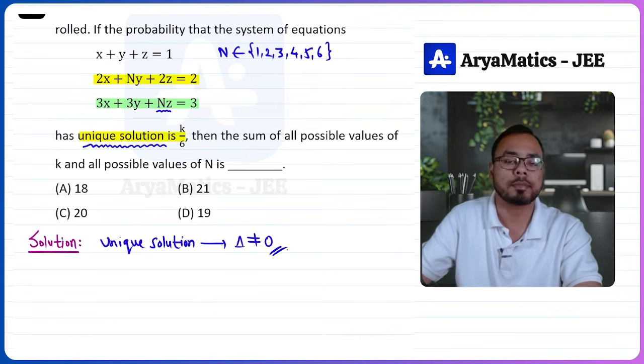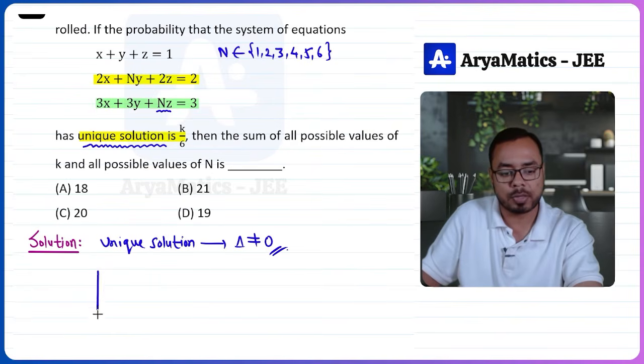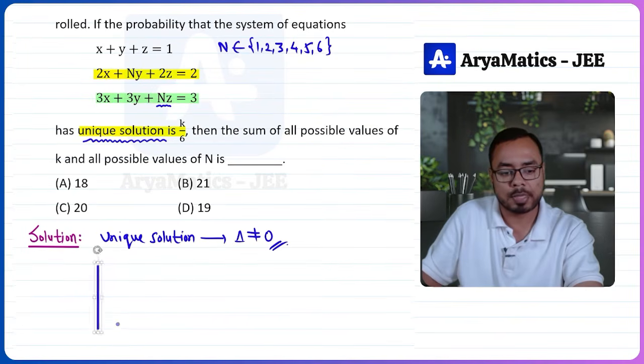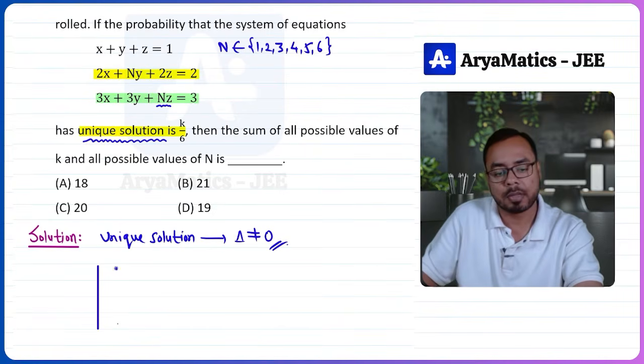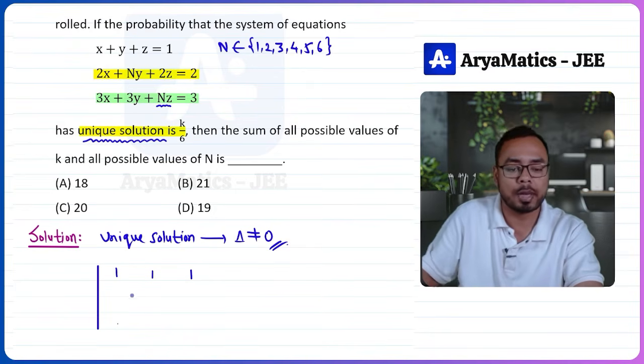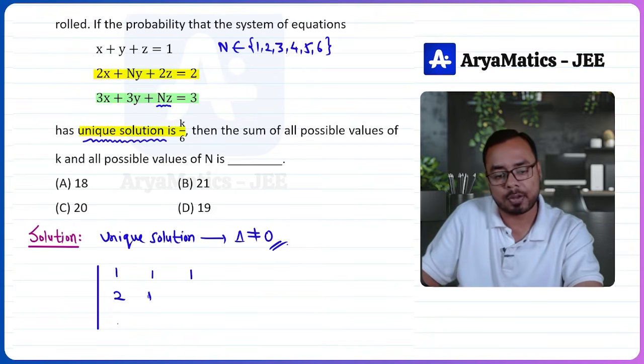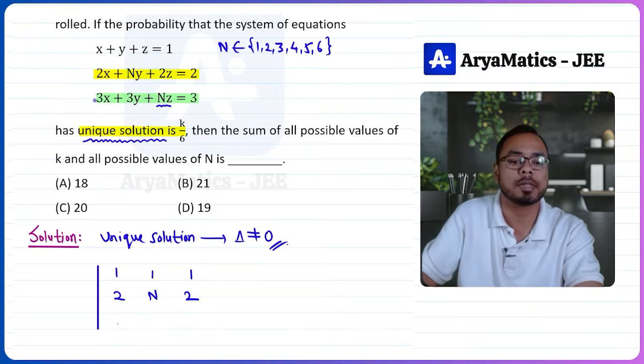So here for a unique solution, the determinant of the coefficient matrix should be non-zero. Now, as you can see, in the coefficient matrix the first row will be 1, 1, 1, the coefficients of x, y, and z in the first equation. Similarly, the second row will be 2, n, and 2, again the coefficients of x, y, and z in the second equation.